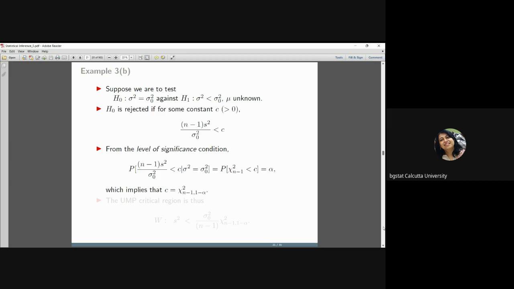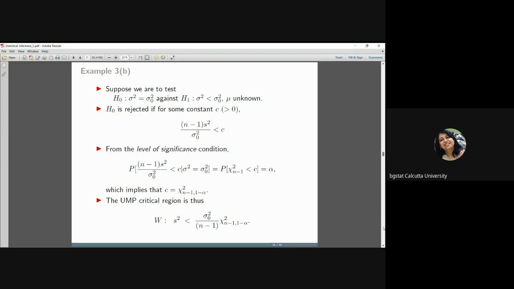We can proceed similarly, and the critical region will turn out to be very similar, except that chi-square n minus 1, alpha is now substituted by chi-square n minus 1, 1 minus alpha. This means it is that point such that the area to the right is 1 minus alpha, or equivalently, the area to the left is alpha.